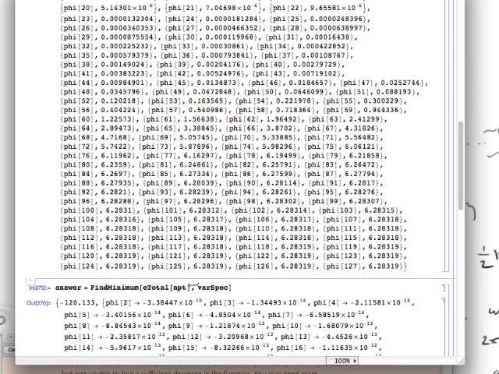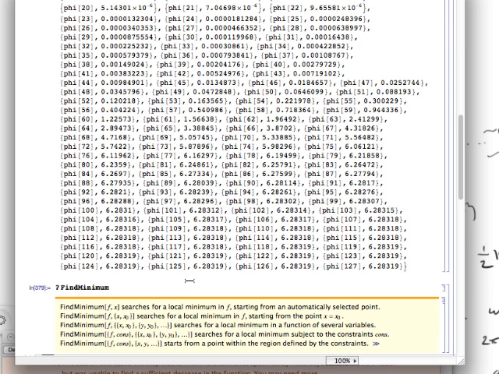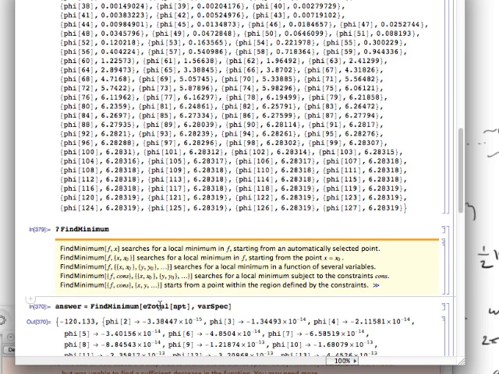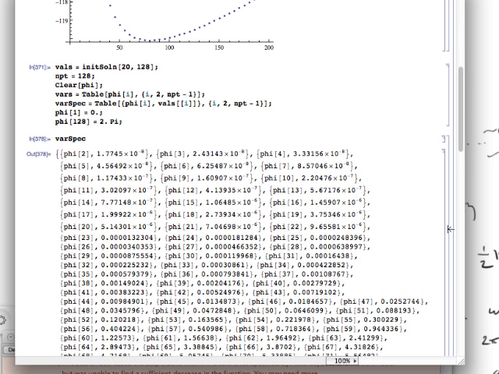Okay, because what find minimum wants is a function and a list of values which it's supposed to minimize with respect to, and initial values for each one of those. And you see that it wants a list there of pairs, variable, value, etc., like that. Well, if you've got a great big long list of possible variables, it's awkward to generate a whole bunch of names for them.